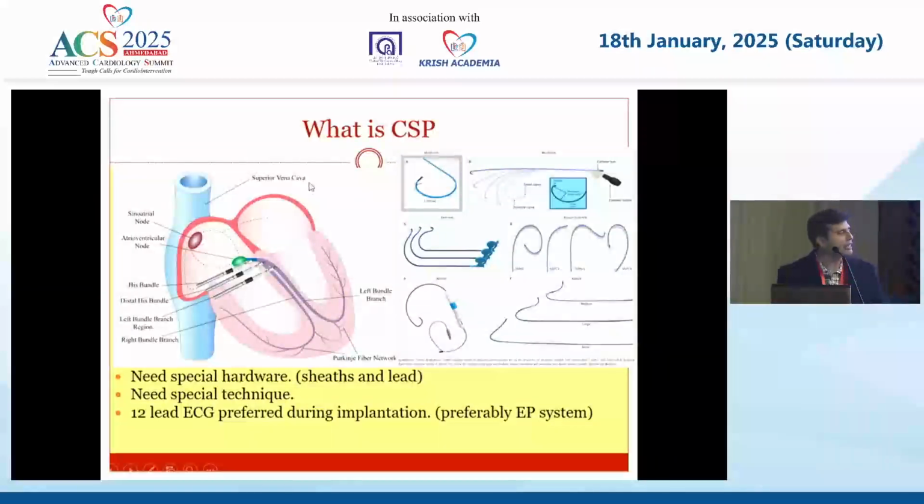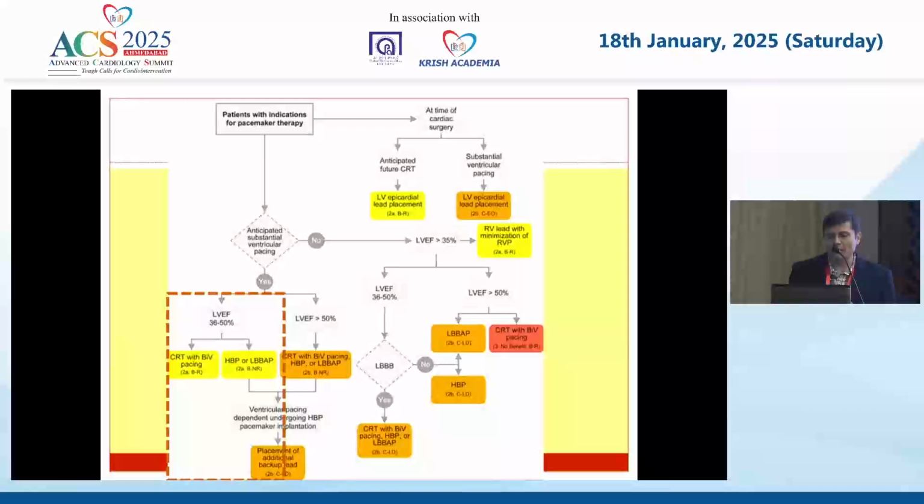Normally, if you are pacing, you will be pacing in the RV apex or the mid septum. Rather than that, you are pacing at the conduction system, and we use special hardware, and you need to have special techniques for that, and preferably a 12 lead ECG during the implant.